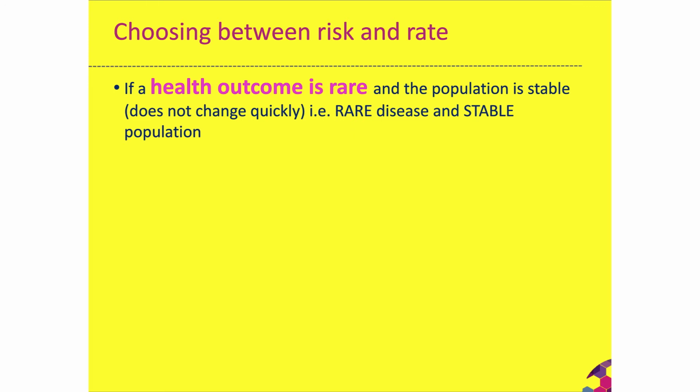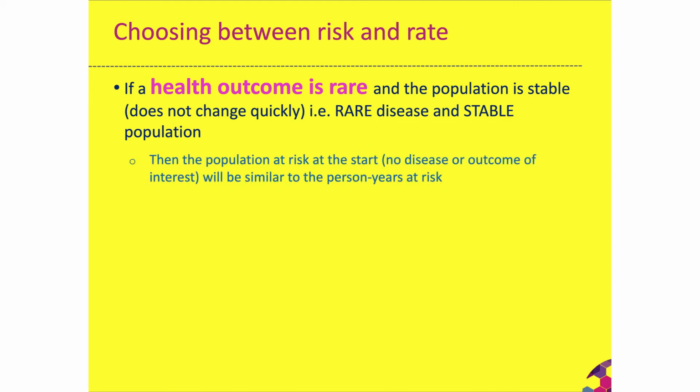If the health outcome is rare and the population is stable and does not change quickly, so it's a rare disease and a stable population, then the population at risk at the start will be similar to the person years at risk. So it doesn't matter which one we use. And so a rate is actually very helpful.